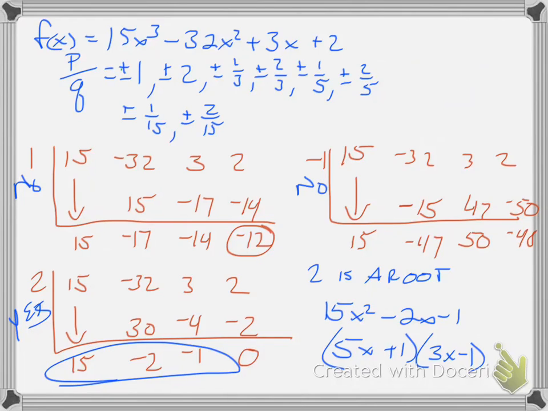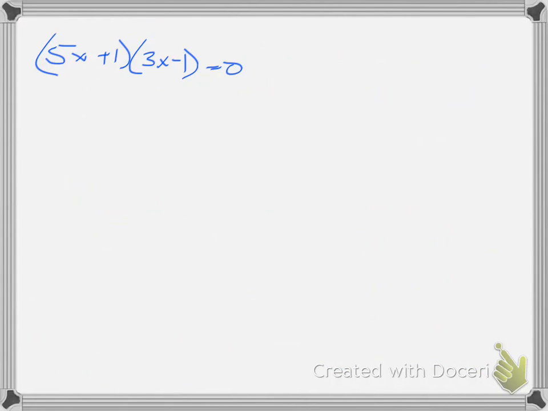And to find the roots, remember it's the same as finding the zeros. I would still need to go ahead and solve these. I'm going to go to the next page for it. So I set them each equal to 0 and solve.